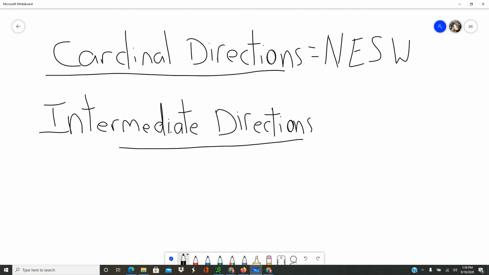Okay, and those include northeast, northwest, southeast, and southwest. So when you do today's assignment, you will now have this in your notebook that you can refer to, that you can look at, that will help you. So when you are reading the maps that you're being given, you can make sense of the directions you are going in.